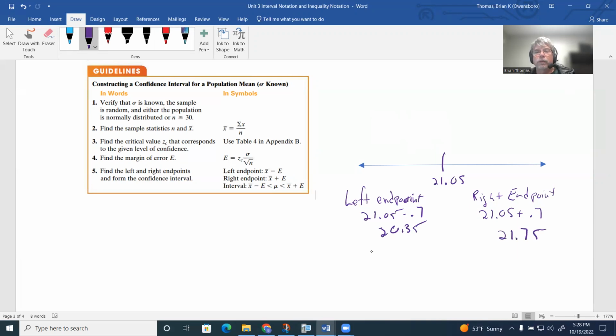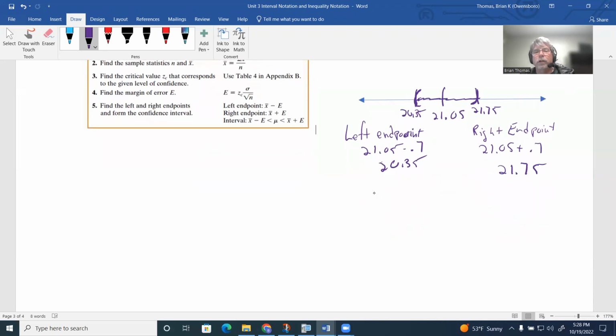So our interval would be 20.35 to 21.75. Since we don't include the endpoints, we can use parentheses or open circles, and that would be our interval.